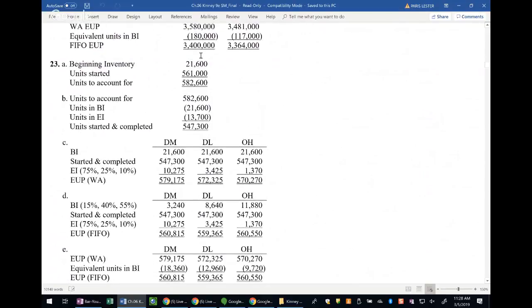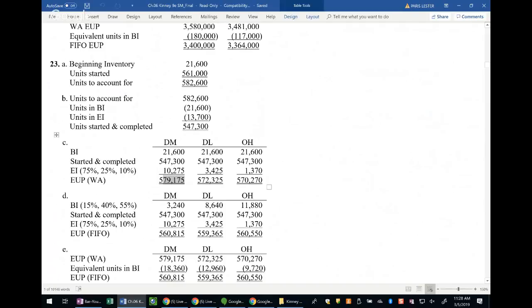All right, here's 23. I think it will let me mark on it. This is dollars. Was this units? Here's units. Clayton, we got to 547.3, didn't we? Yeah. All right, Clayton, we get to 579,175. Our last figure, is that what we got? Yeah, because the other one was 578. All right, we got that correct by using their wording.